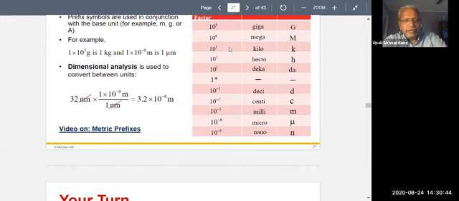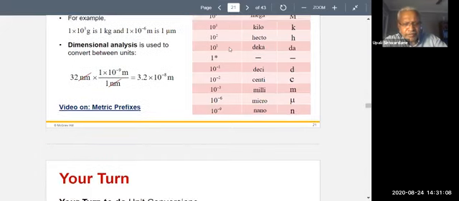This way of doing it is called dimensional analysis. We use dimensional analysis to do calculations in chemistry, where the units guide the calculation. We might run into it later, dimensional analysis. Now, please watch the video on metric prefixes.